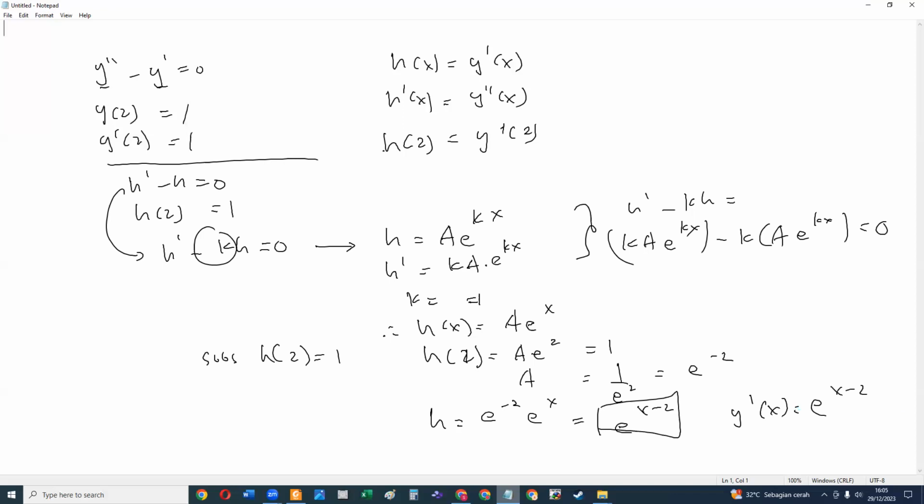Now with this in mind, we can find what y itself is. In this case, finding y just needs a simple integration. I'm going to erase everything now.